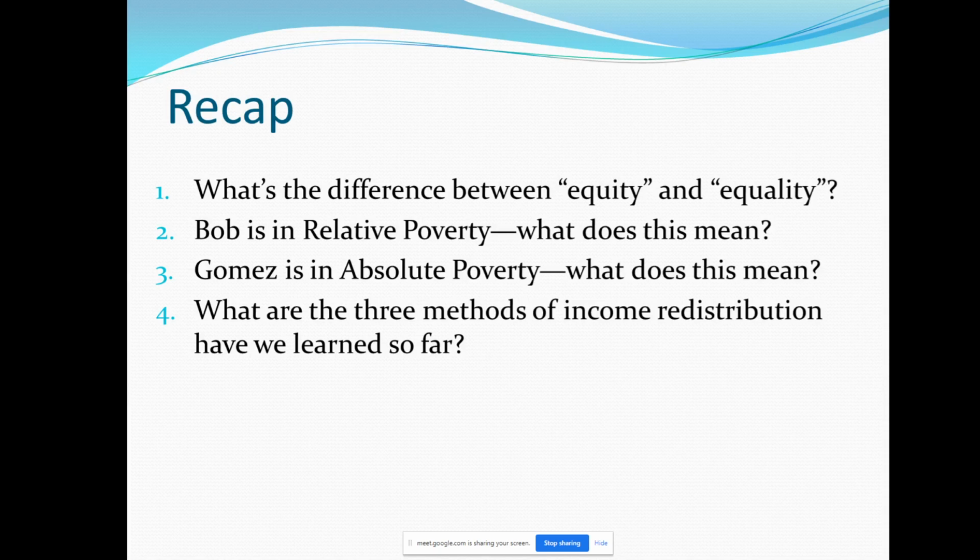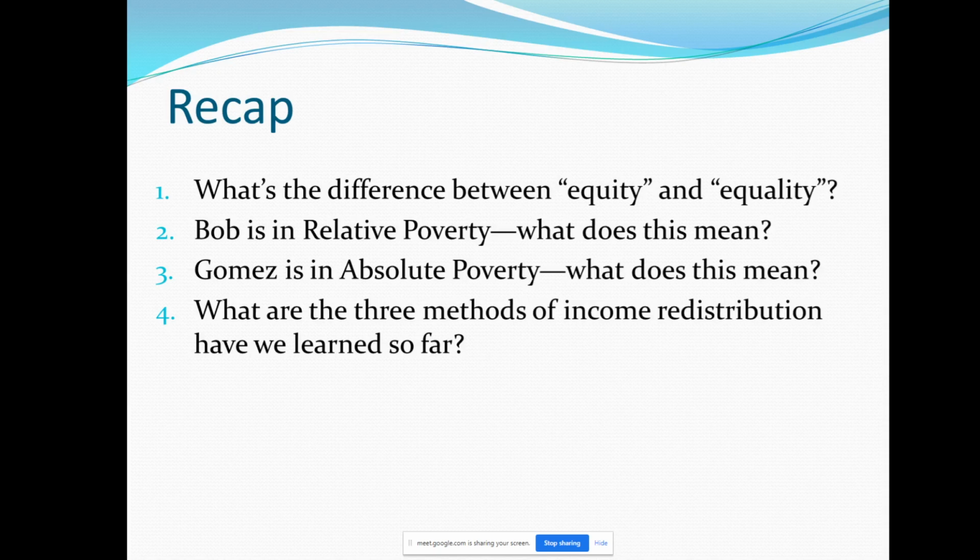Number two. Bob is in relative poverty, but what does this mean? You all know that. Lower than a certain percentage of the median income.